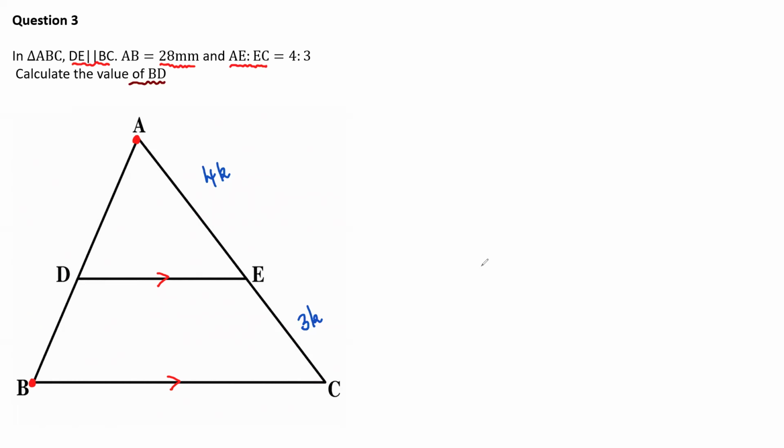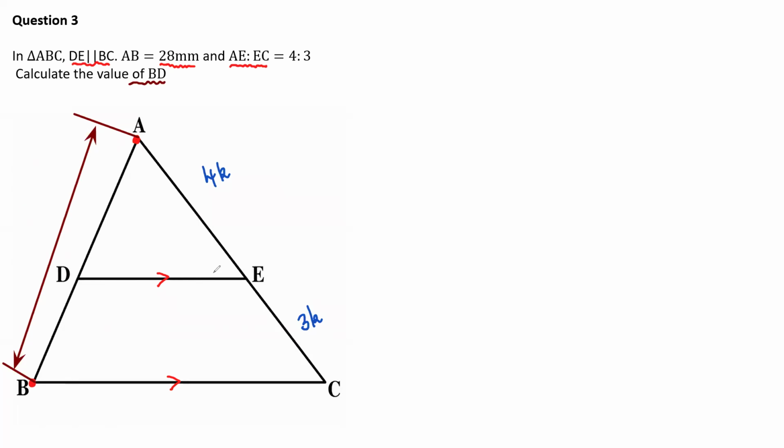In other words, this wall length from there to there, I know it. I know AB, but I'm looking for BD. Remember what I said to you, that when it comes to proportionality, what you do on one side is what you do on the other.